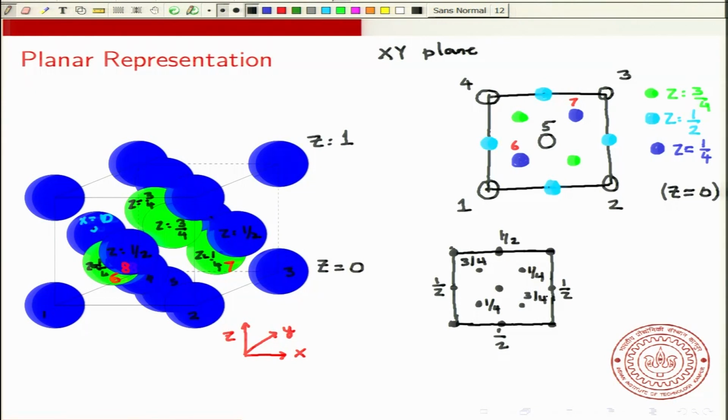So this is the planar representation of the diamond lattice, and there is a small point about this: you could have swapped z equal to 1/4 and z equal to 3/4, and you would have gotten an exactly equivalent lattice.